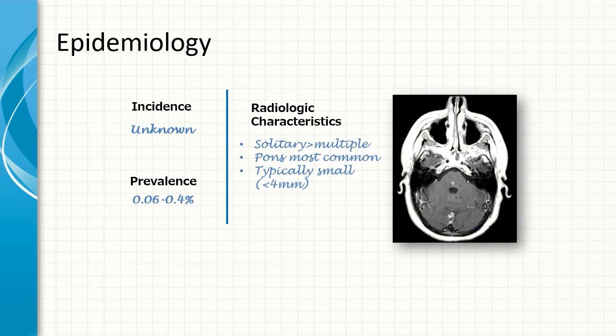They are typically a solitary lesion, often in the pons in up to 2/3 of patients. They are characterized by this blush on T1 with GAD and hypointensity on susceptibility weighted imaging or gradient recall echo. They are commonly very small, less than 4 millimeters, but those greater than 1 centimeter have been described.